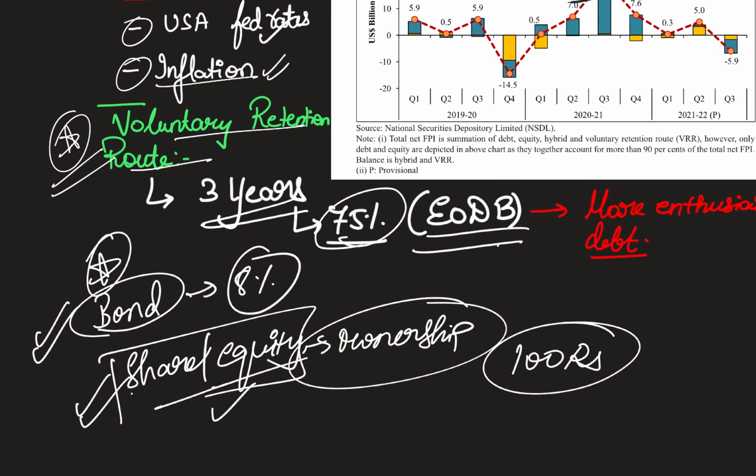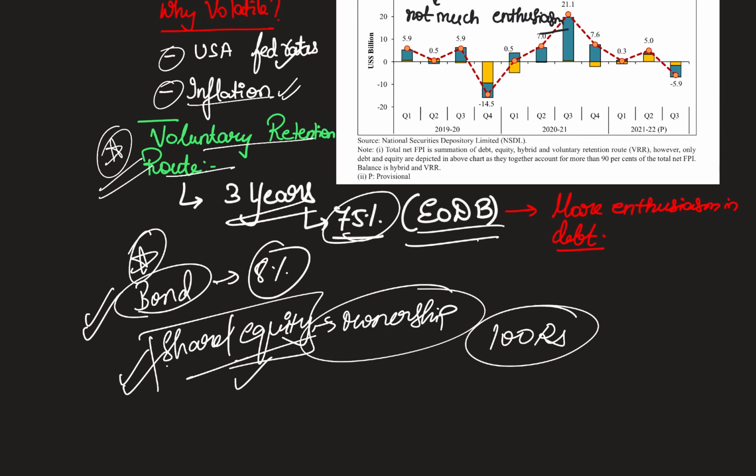So this is one scheme to attract investors. You don't have to worry about the trivial details about what steps are taken to help their ease of doing business. So this is supposed to create more enthusiasm for debt.